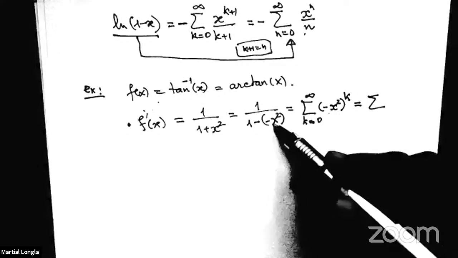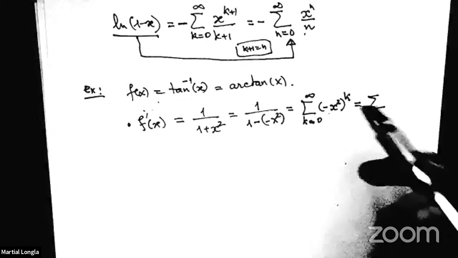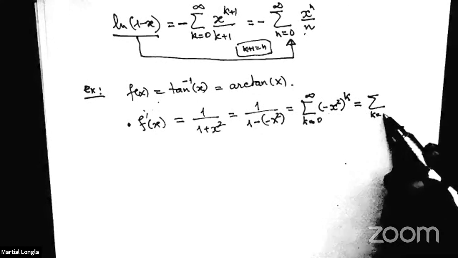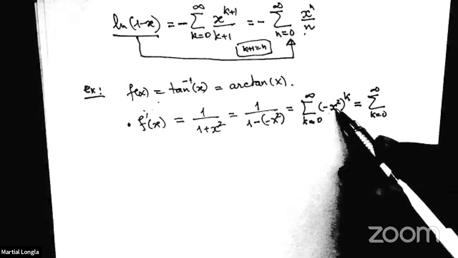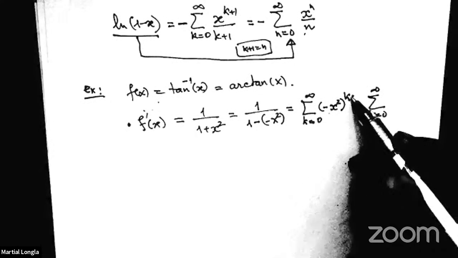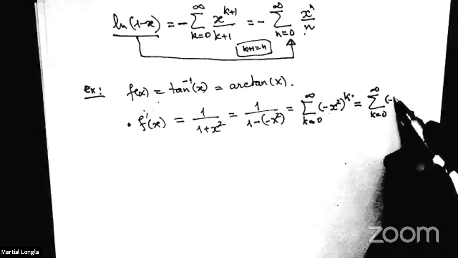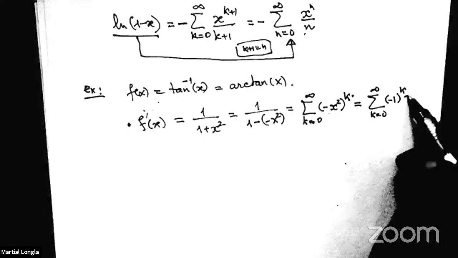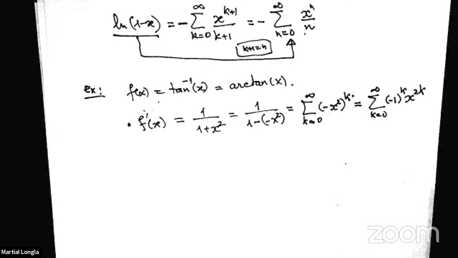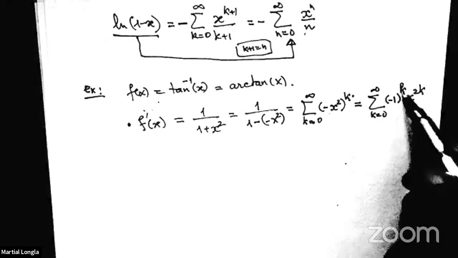You are replacing x by negative x squared. And after that, you still have to work it out. Now negative x squared to the k is not negative x to the 2k, it's negative 1 to the k first, and then x to the power 2k. And we have to be very careful with that. That's a pretty common mistake.